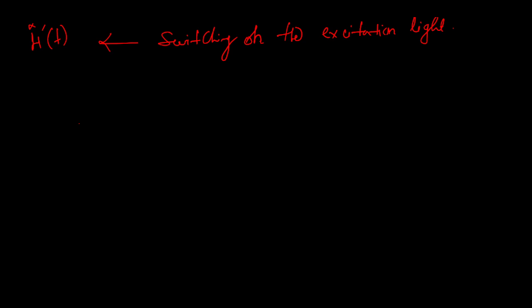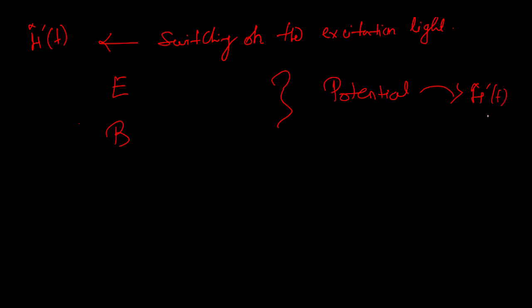So for that, electric field and magnetic field, and H comma T is a Hamiltonian, that is nothing but you can use as a potential. Okay, so we have to incorporate E and B into some potential, so that we can incorporate it into H comma T.